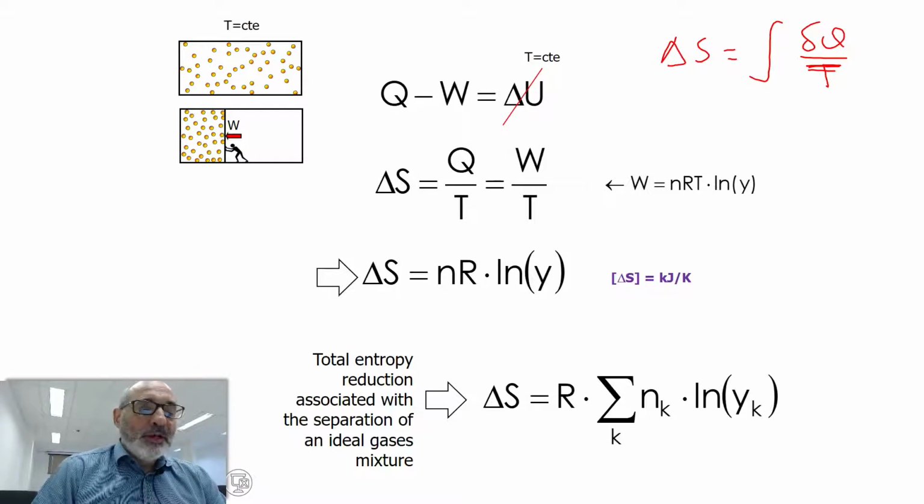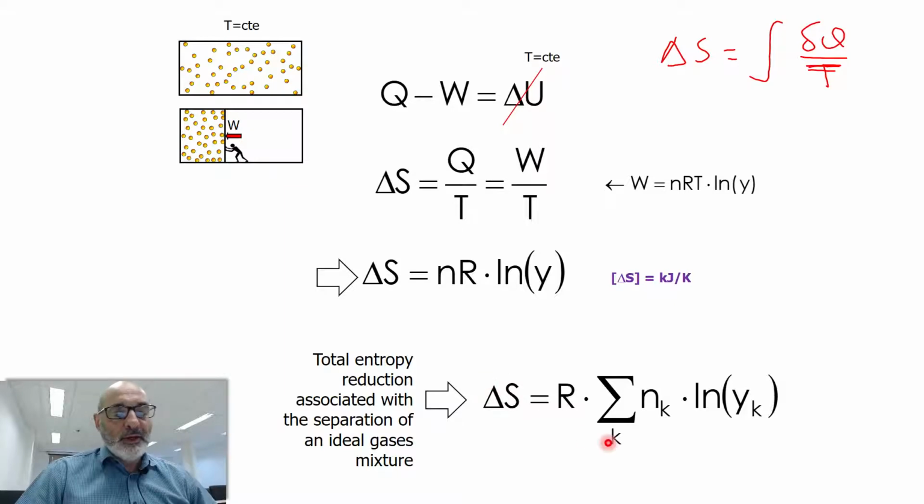So by replacing all formulas that we have here, we get this final important result, delta S is equal to nR times the natural logarithm of molar concentration. And we apply this to our formula. If we have N species, nitrogen, oxygen, argon, CO2, water vapor, for instance, we add everything up and we get this formula here.